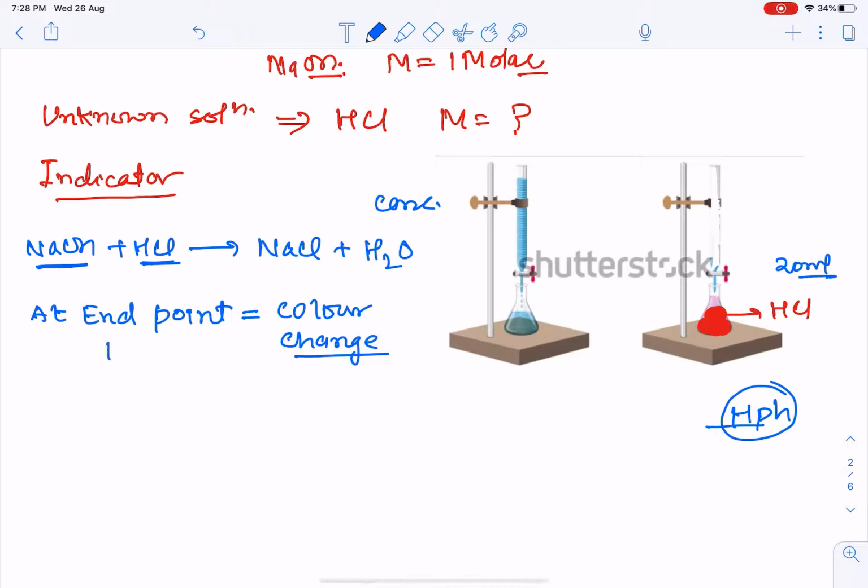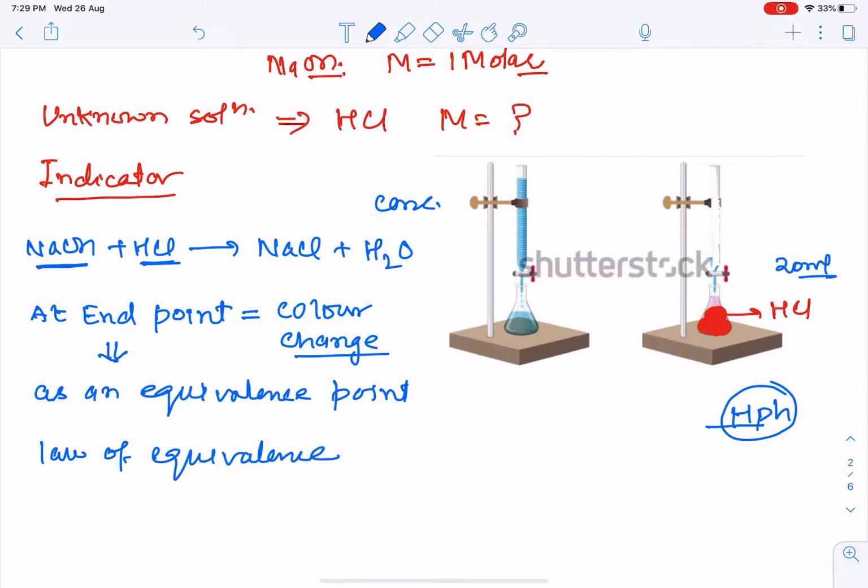So we have to assume the end point as the equivalence point, and then we can use the law of equivalence, and say the milliequivalent of base added will be equal to the milliequivalent of acid.